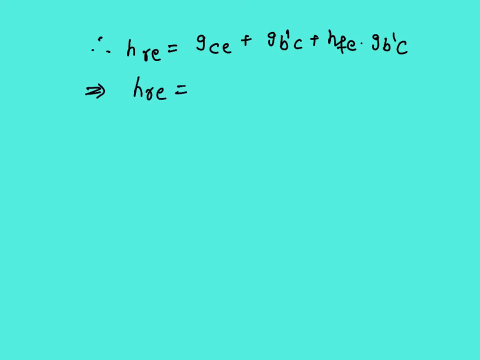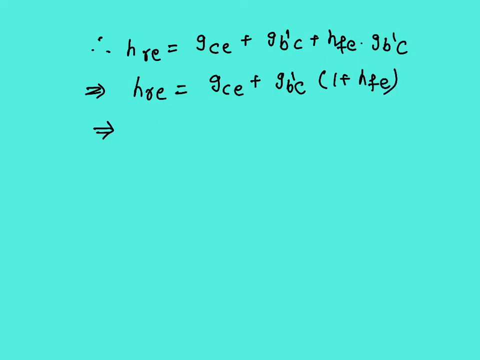Therefore hoe becomes gce plus gb'c plus hfe into gb'c. So we can write hoe as gce plus, taking gb'c common, gb'c into (1 plus hfe).